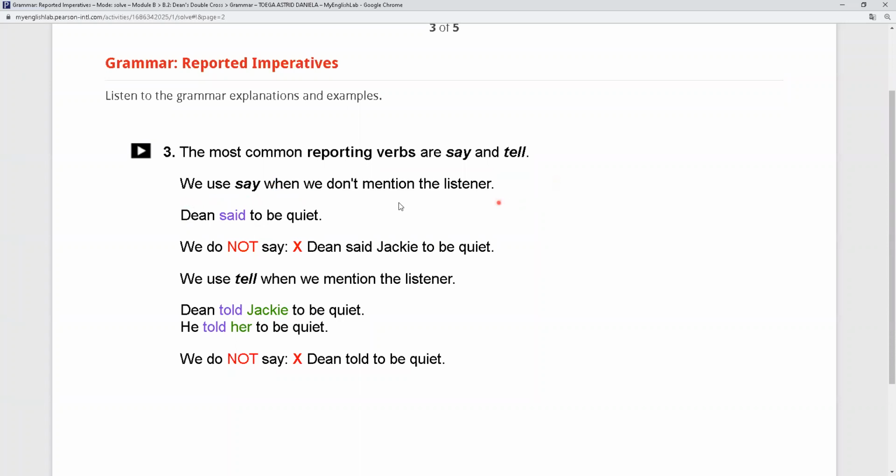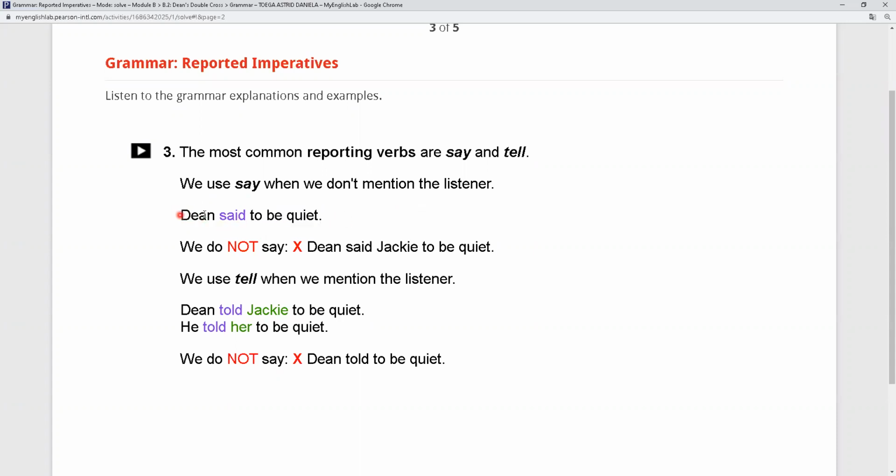When we don't mention the listener, for many reasons, maybe because the person spoke to the public in general, or I don't want to mention it, or I know, but I don't want to mention it, we're gonna go directly to the reporting part, okay?